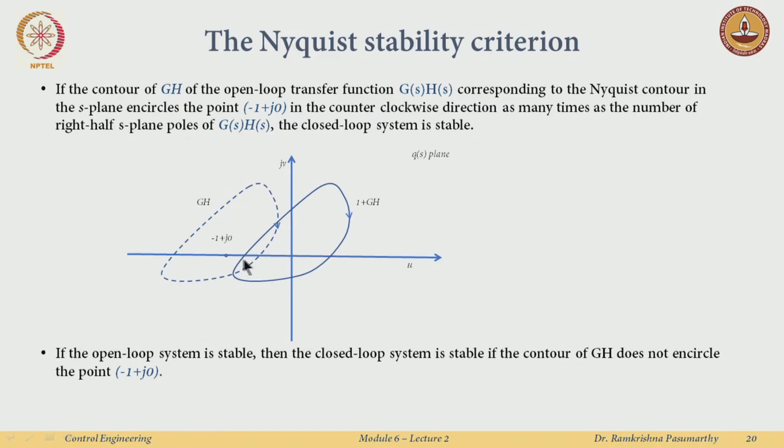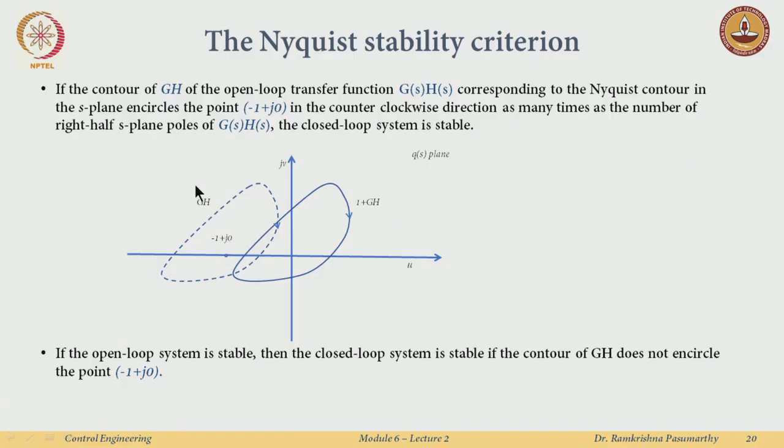Now I am doing 1 plus GH minus 1, so the origin also shifts here. Oh sorry, I am really sorry. So the plot shifts by minus 1 in magnitude. You can see all this distance would be minus 1, and from here I shift here. So encirclement of the origin of 1 plus GH is equal to encirclement of the point minus 1 plus J0 of GH.